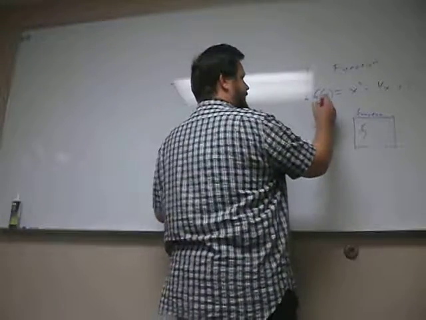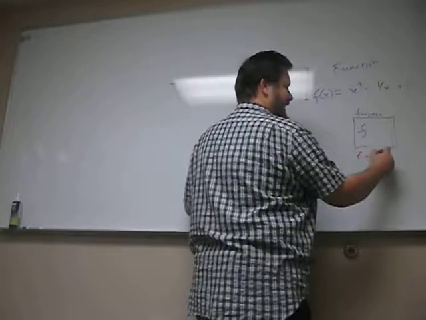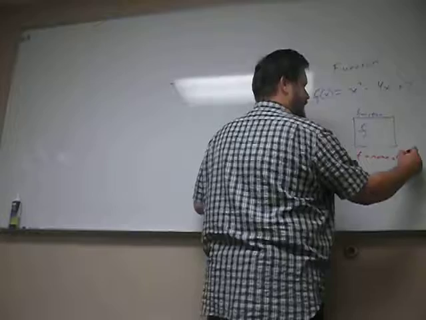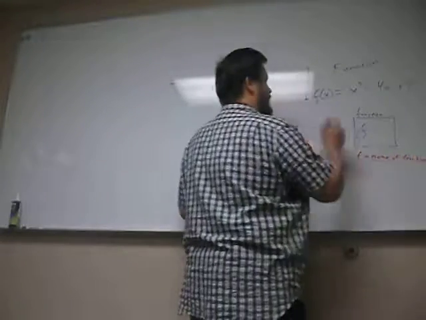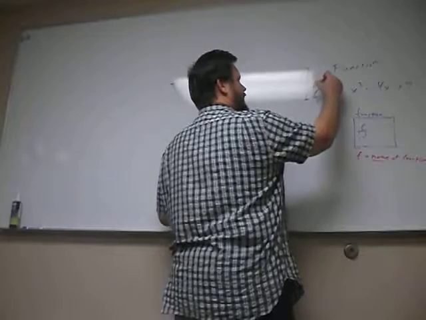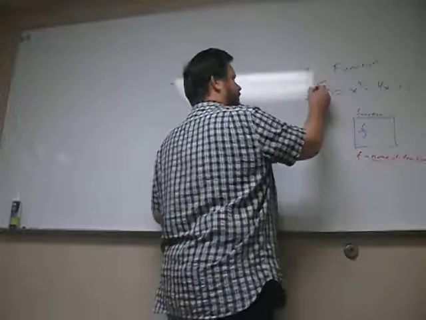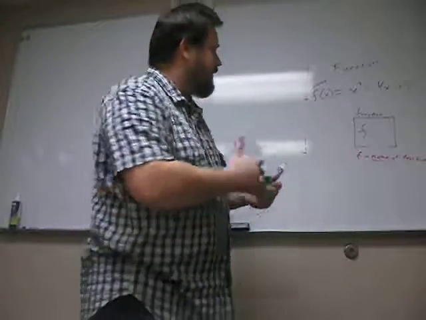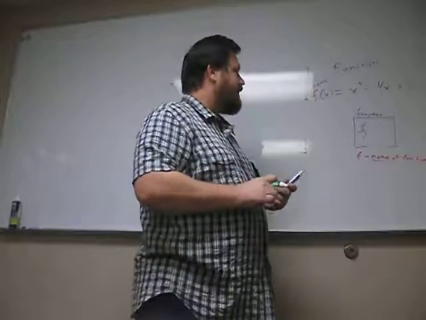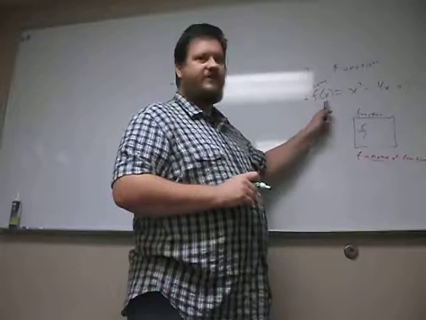So in this notation, f is the name of the function. This one is called function f. So I will write that in red here. And so the next thing to know is that this x right here is a placeholder.